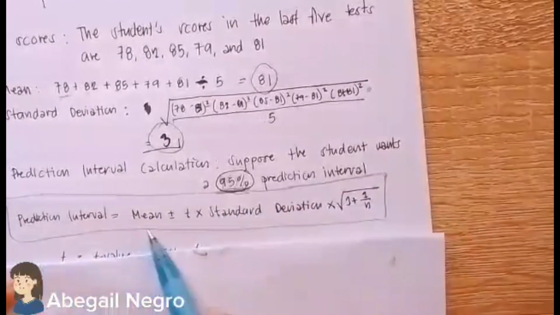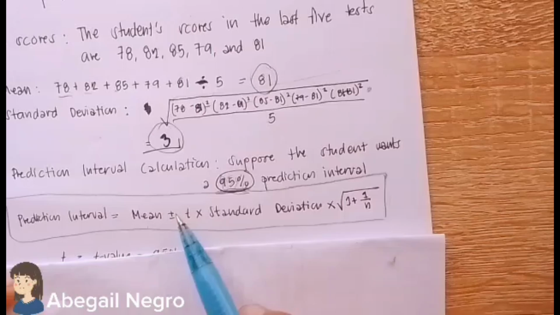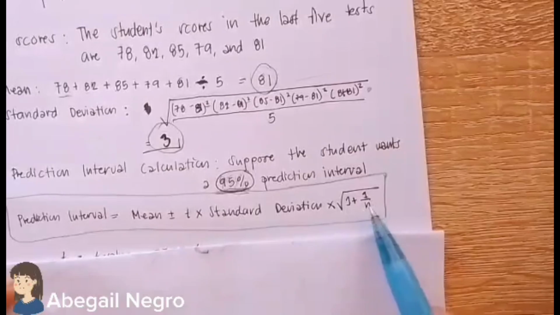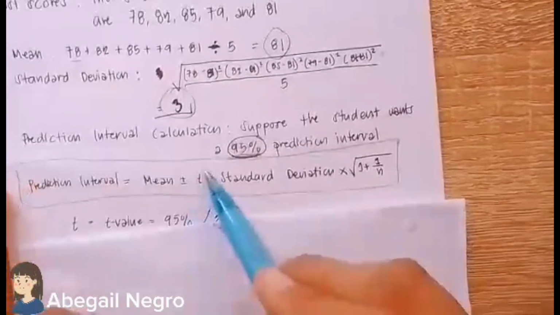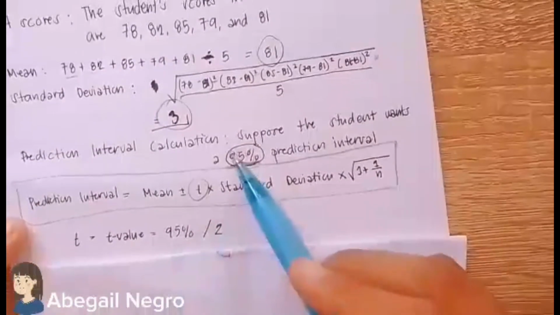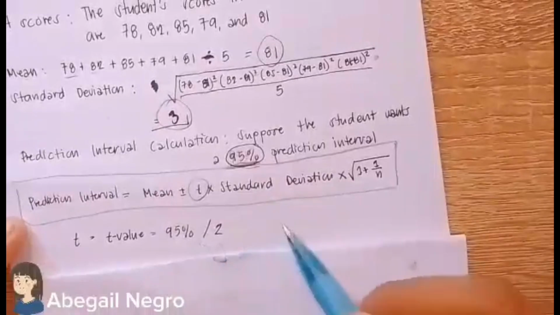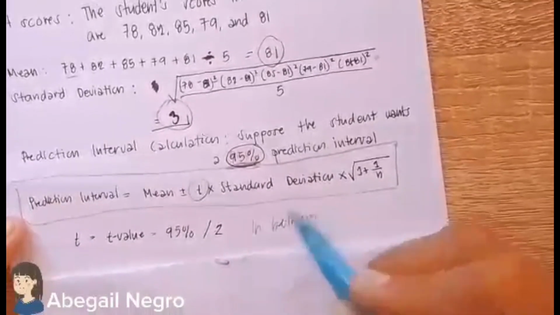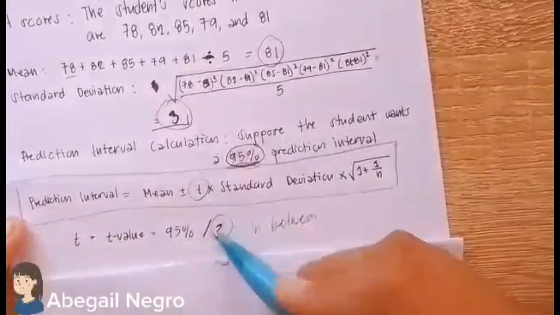Prediction interval equals mean plus or minus t times standard deviation times square root of 1 plus 1 over n. The t is the t value for 95%, and since we want in between, we will use 2.